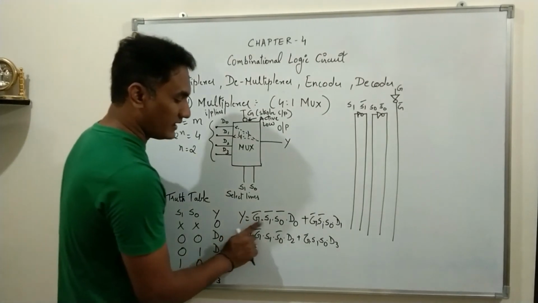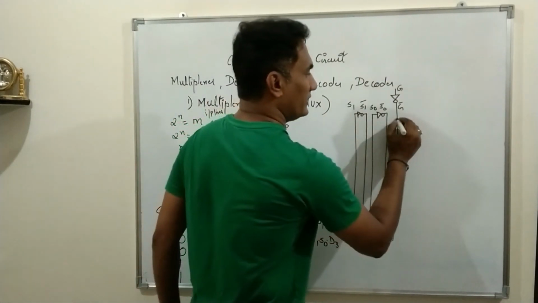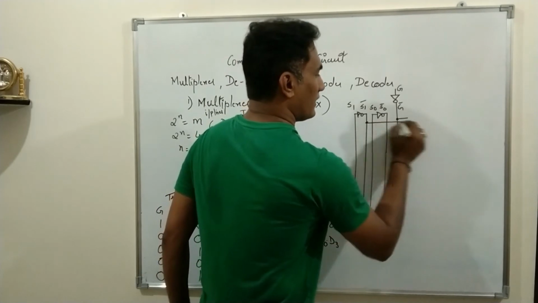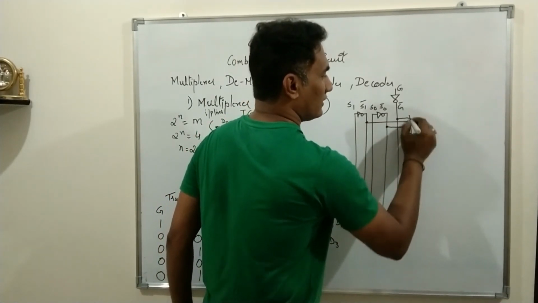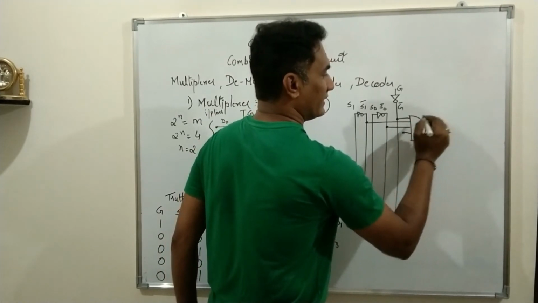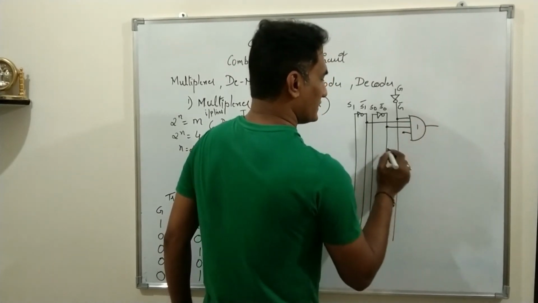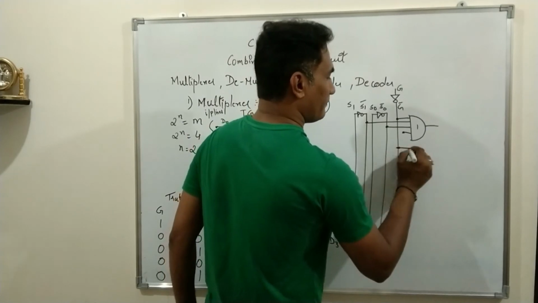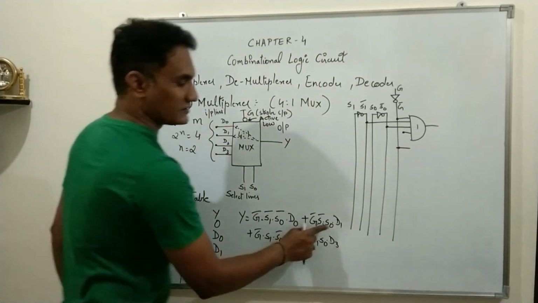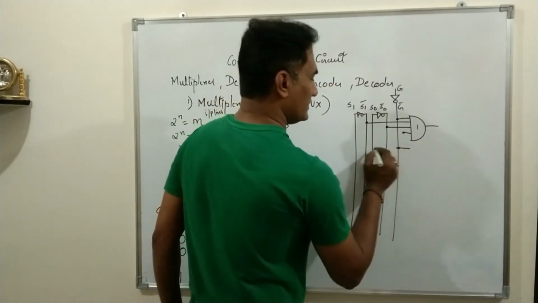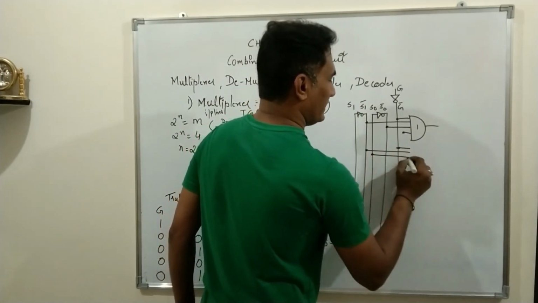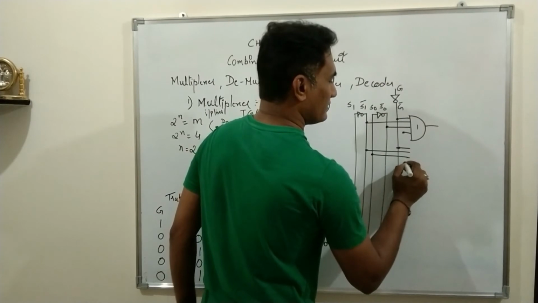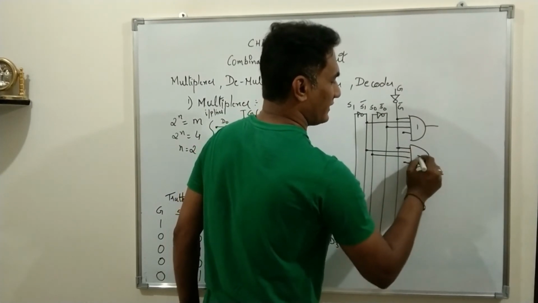And then you have to look at the equation and easily connect the circuit. See how it is G bar S1 bar S0 bar. So it will be G bar S1 bar S0 bar and D0. All this is connected by an AND gate. So this is the first AND gate. Similarly, next, what is the equation? G bar S1 bar S0 D1. So G bar S1 bar S0 and D1, second AND gate.